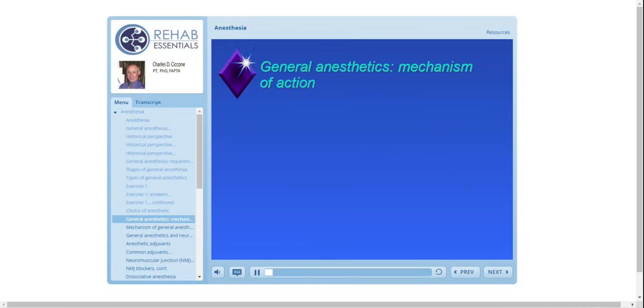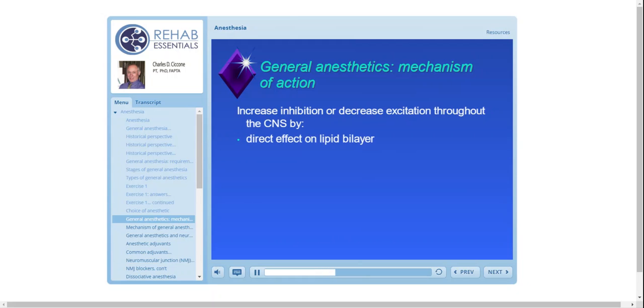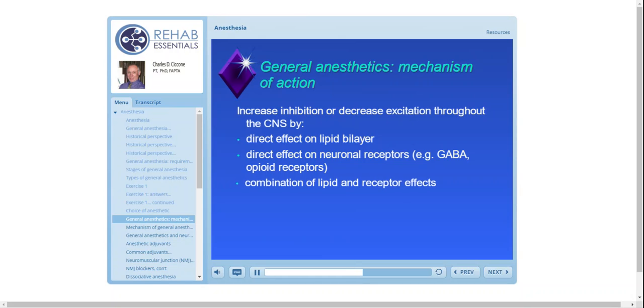An important question over the years has been, how do these drugs work? How can we purposefully and predictably decrease consciousness in the central nervous system? What we're going to see is some of these drugs increase inhibition or decrease excitation throughout the CNS by either direct effect on the lipid bilayer, by an effect on neuronal receptors, like the GABA receptors, the opioid receptors, or a combination of these two effects.